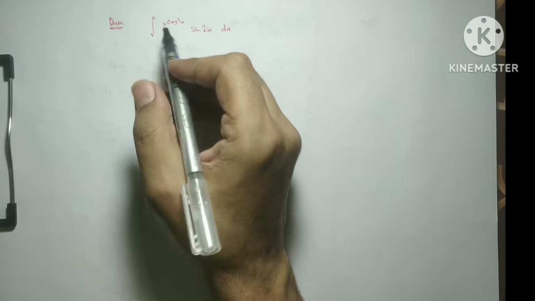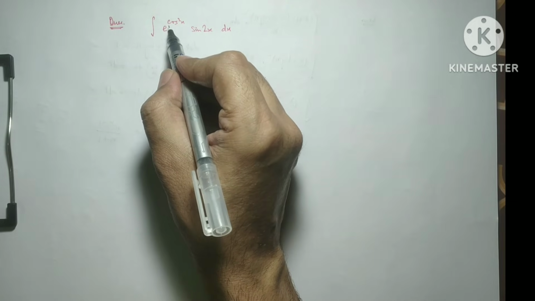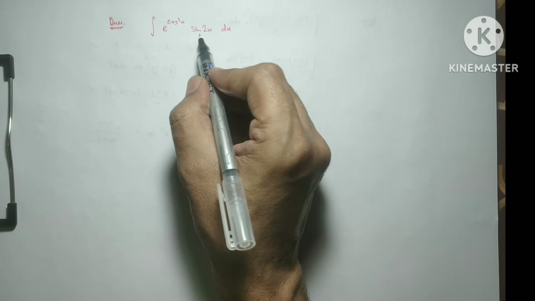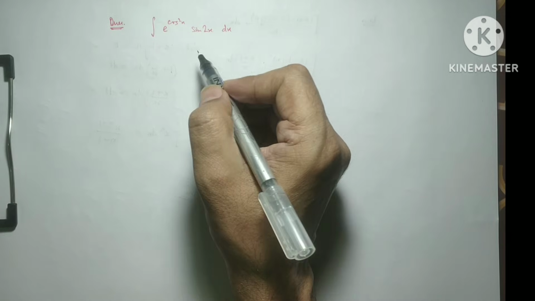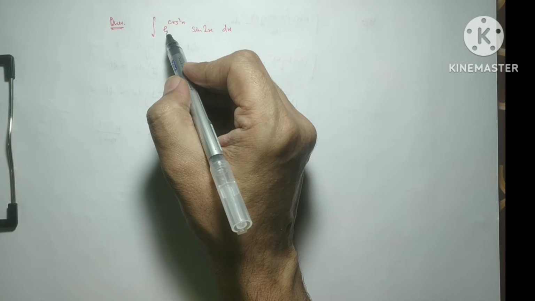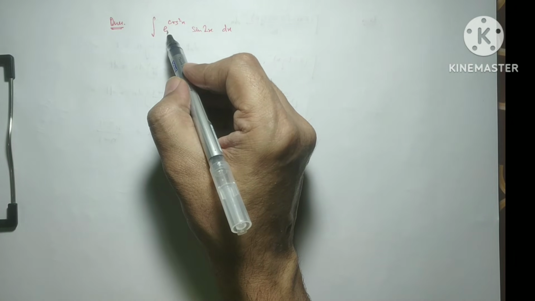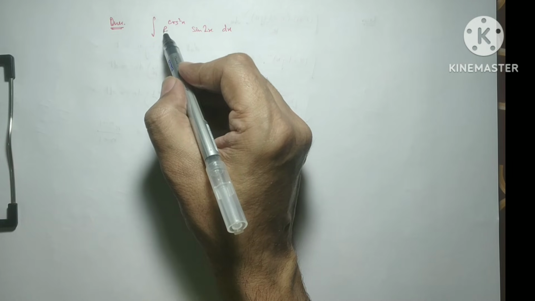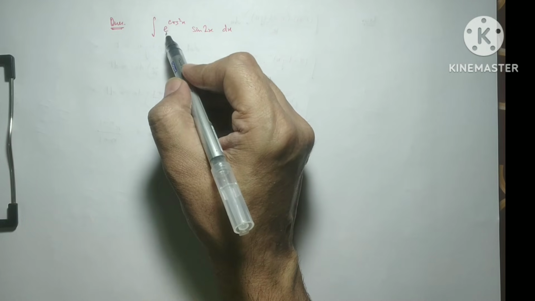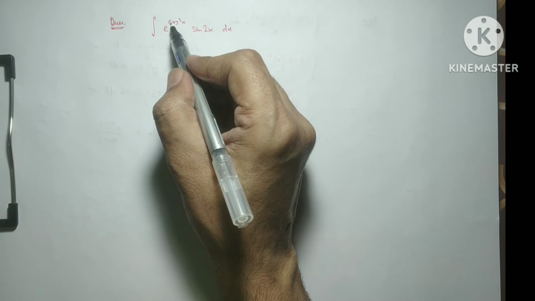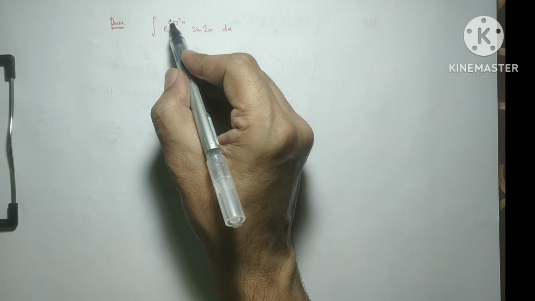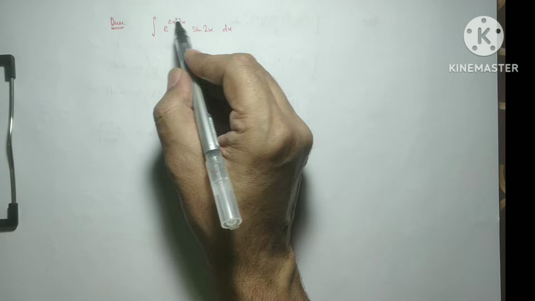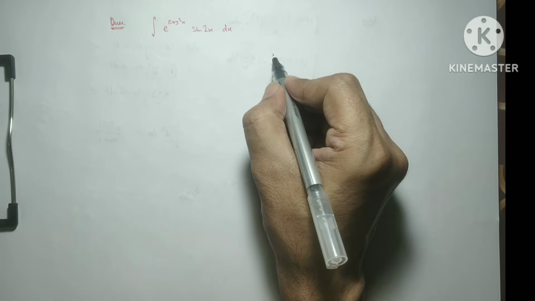Next question, integration of e to the power cos square x sin 2x dx. And as we know, in terms of exponential expression, it should be e raised to power x or e raised to power t, but this is e to the power trigonometric function square. So this is the extra part, we will consider it as t.